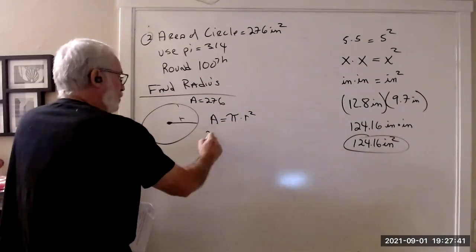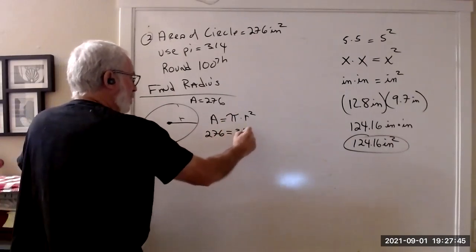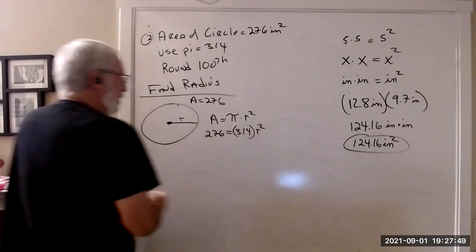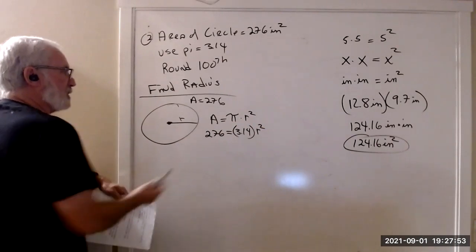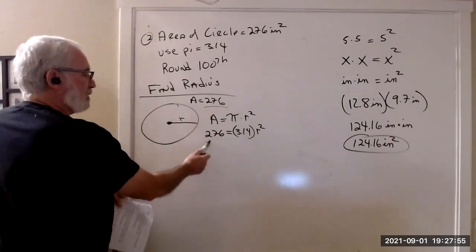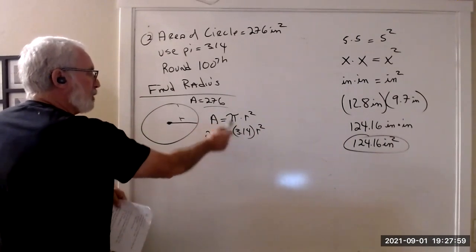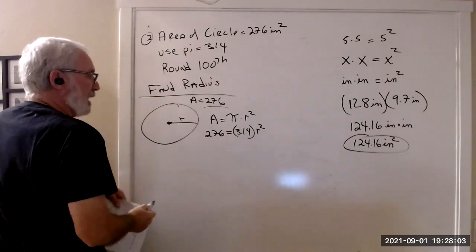So we plug in 276 equals 3.14 quantity times r to the second power. So that's plugging in everything that the problem said to do. It told us the area was 276, so that's what I plugged in. It told me to use 3.14 in place of pi.